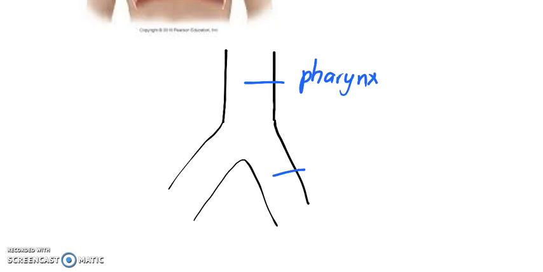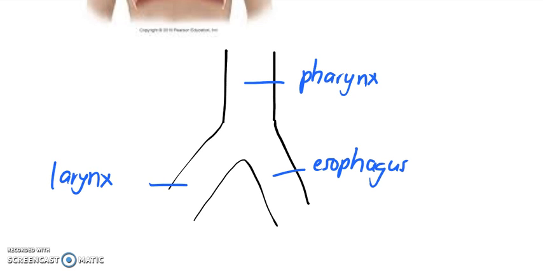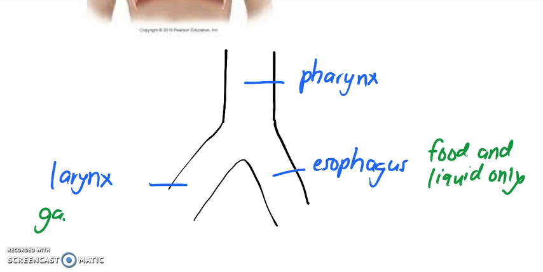And if this is the esophagus, we know this is destined for the digestive system. This other pathway is the larynx. This is only for gas. This is food and liquid only. For the larynx, we only want gases.